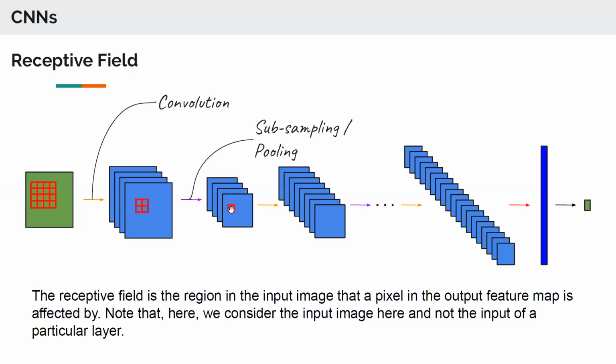So the net receptive field for this pixel is going to be 4x4. We can see that as we proceed down these layers, the receptive field is going to increase steadily. We will see why this is one property that makes CNNs especially well suited for image analysis. But for now, I just want to introduce this idea of the receptive field.